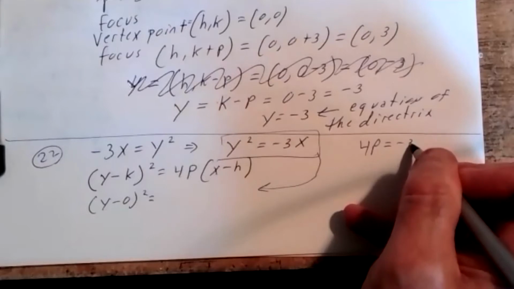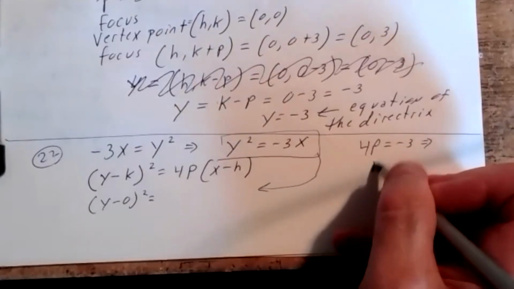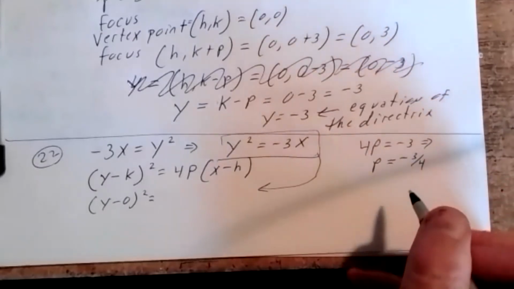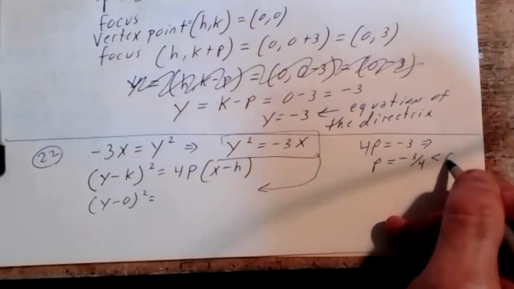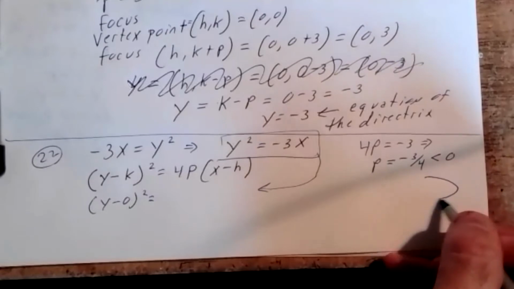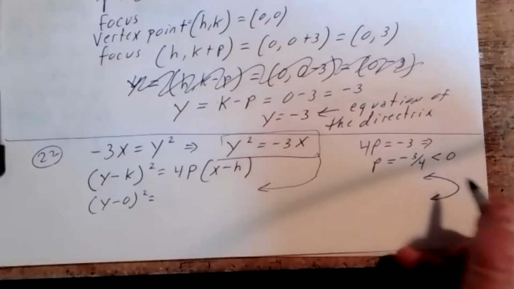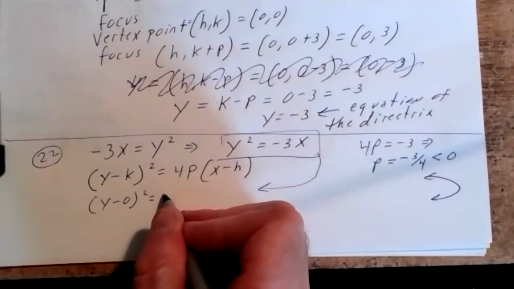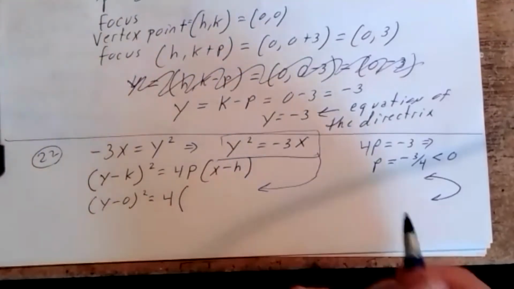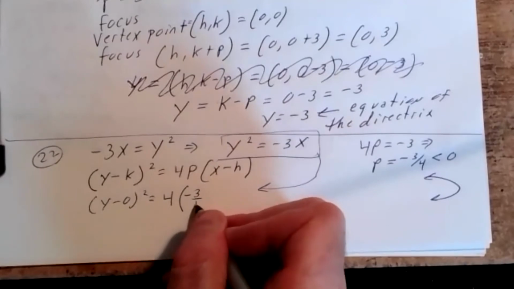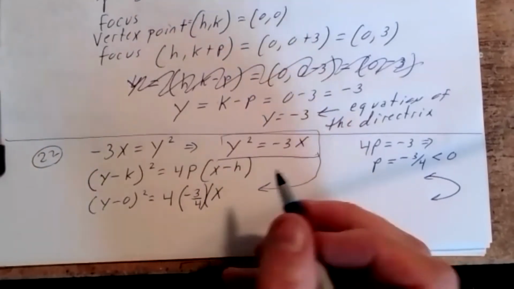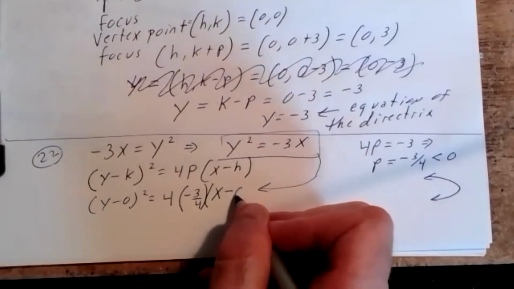So 4p is equal to -3, which implies that p would have to be equal to -3/4. That's what p has to be. And notice p is less than 0, so the parabola definitely will open to the left. So continuing on with our standard form, we got 4 times -3/4 times (x minus 0).